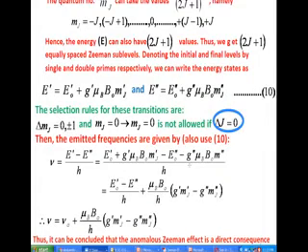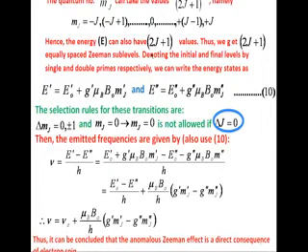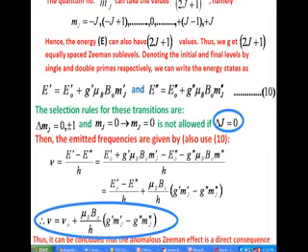Now after that, we take the difference of E prime and E double prime and divide by h to calculate the frequency. Whenever we substitute these values, this whole expression reduces to the formula nu equals nu naught plus mu_B, where mu_B is the Bohr magneton, B naught over h, bracket g prime m_J prime minus g double prime m_J double prime.